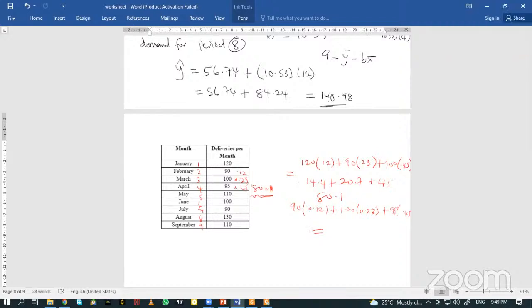Please, my question has to do with the A part of the question we are solving right now. Does it mean there's something wrong with that question too? Because it says you should compute a 3-month and a 5-month moving average for month 4 through 9.